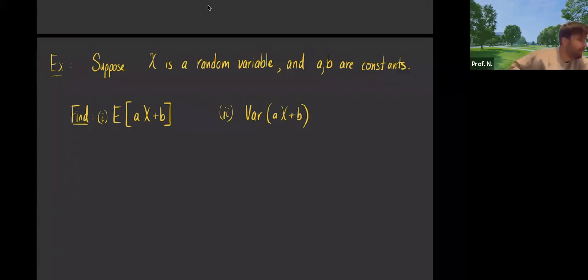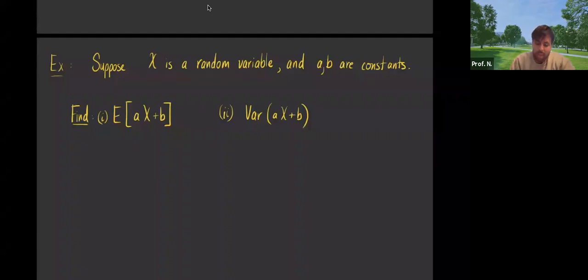Okay, so x is a random variable. So ax plus b. One thing we have to start getting more comfortable with is not only are we given random variables, and we have to understand the probability mass function of the random variable and how to compute the expected value of the random variable, we also have to understand that you can take a random variable and create another function based upon that random variable.